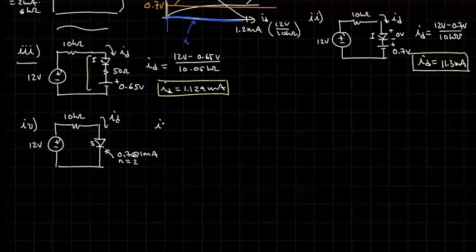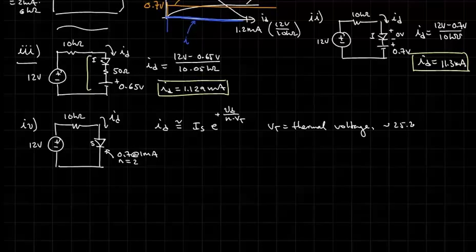Well, we have the diode equation. And during conduction, that's approximately IS e to the plus VD over N VT, VT being thermal voltage, which is about 25 millivolts or 25.2 millivolts at 20 degrees C. So we'll just use 25 millivolts.